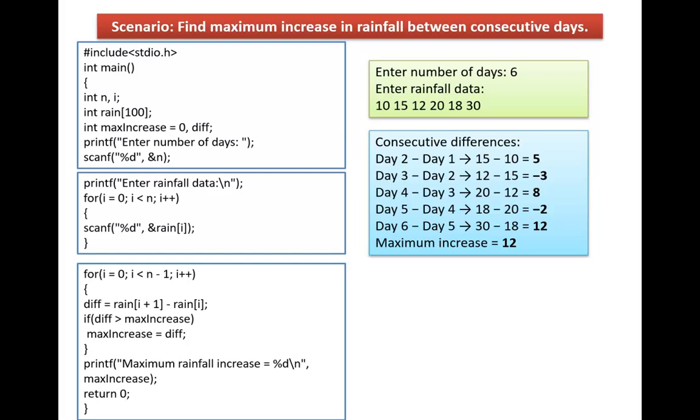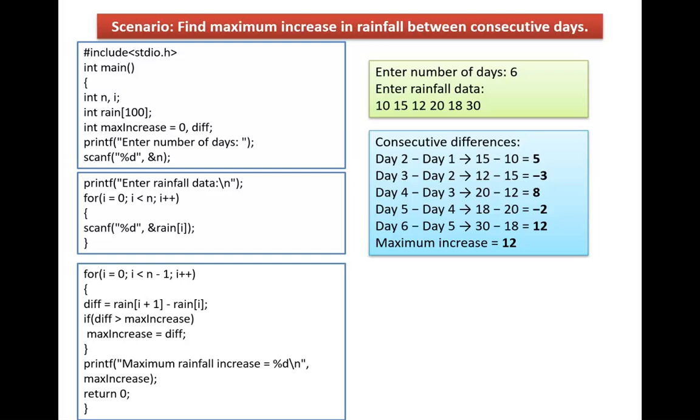So once a difference is found, what happens? Say for example, the first difference value is 5. That is checked whether it is greater than max increase. Look at the second statement inside the block of the for loop. If difference is greater than max increase. What is the difference? 5. 5 is greater than max increase. Max increase initially is 0. Yes. Right. So max increase is equal to 5 now.